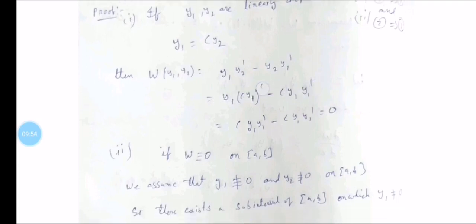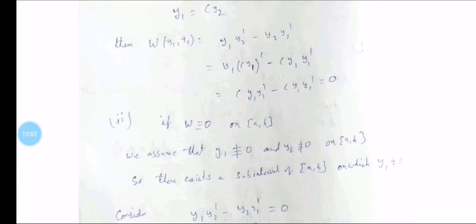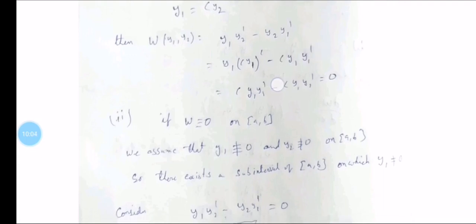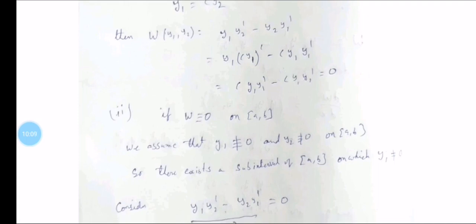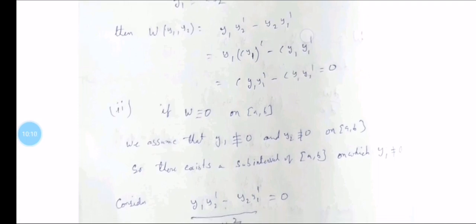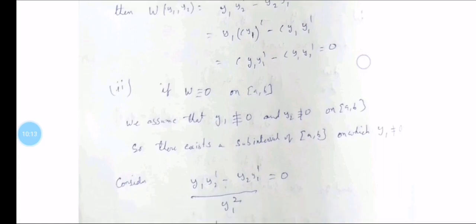So W is y1 y2 dash minus y2 y1 dash. Since y2 equals cy1, we get y1 cy1 dash minus cy1 into y1 dash. So ultimately we will get this equal to 0.